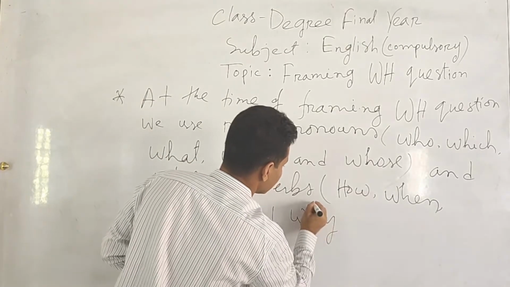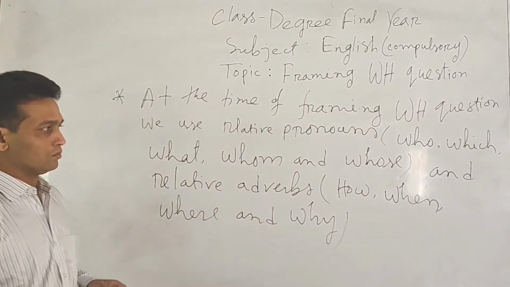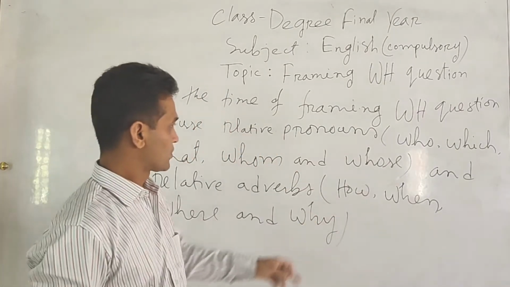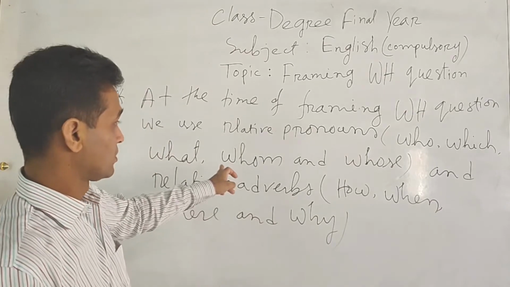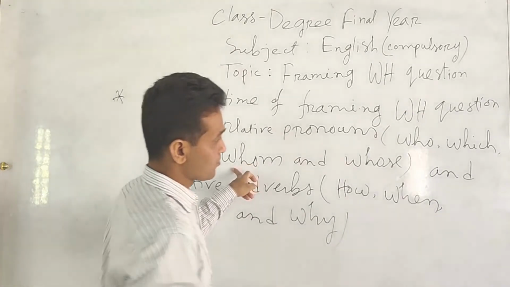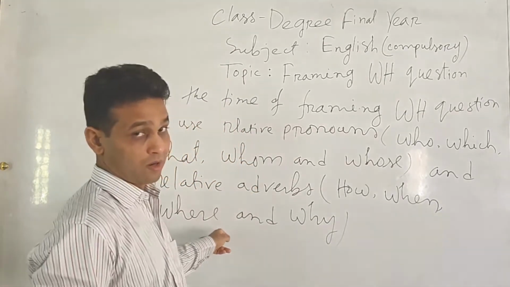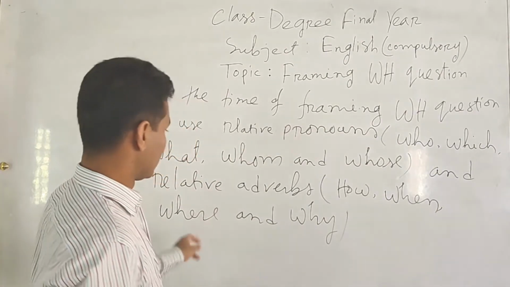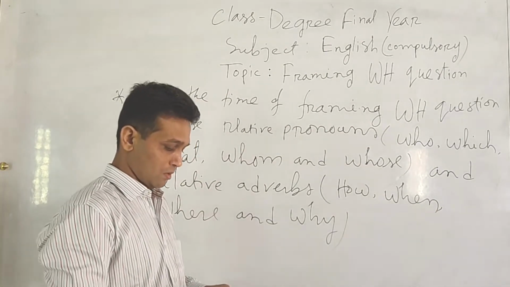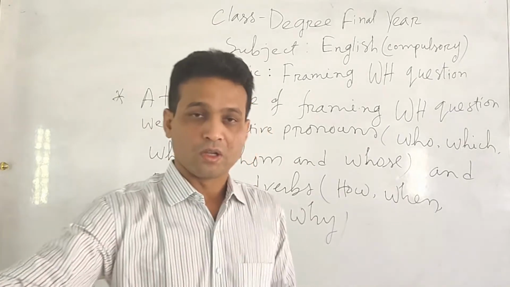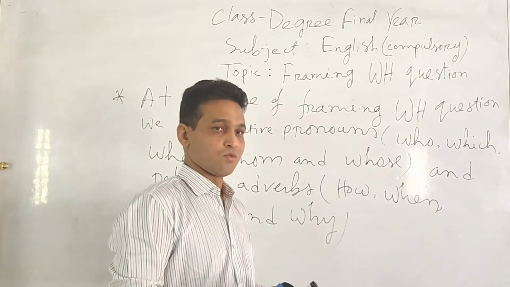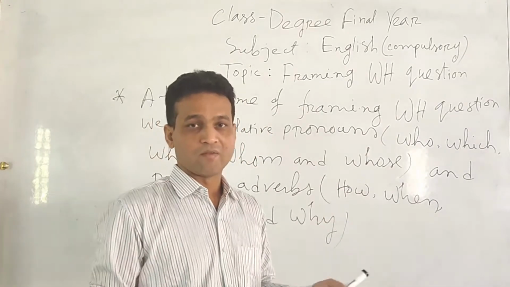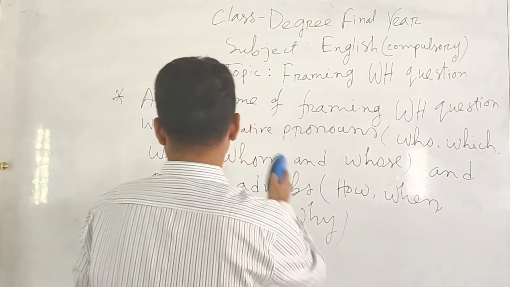You know, there are 5 relative pronouns, who, is, what, whom, whose, which begin with WH, and there are 4 relative adverbs: how, when, where, why. We always use these WH words to form or frame WH question. Okay.